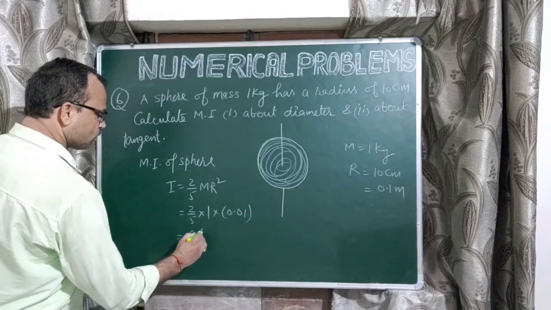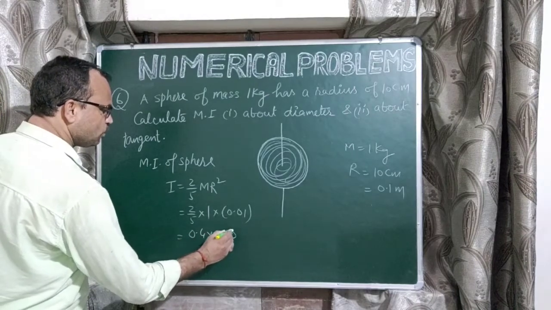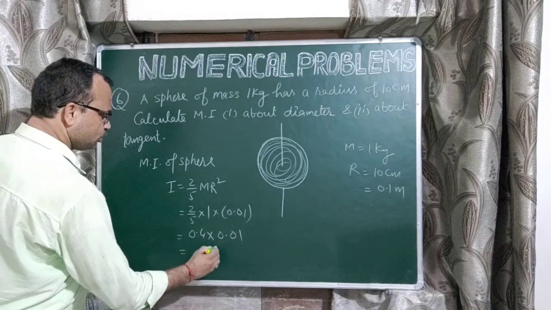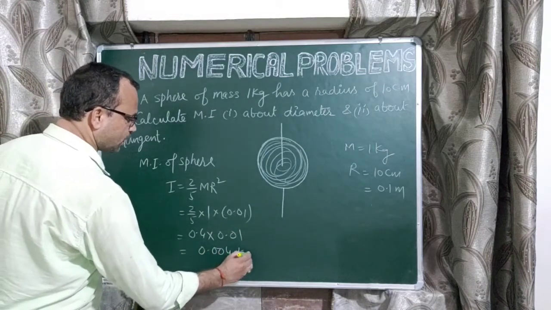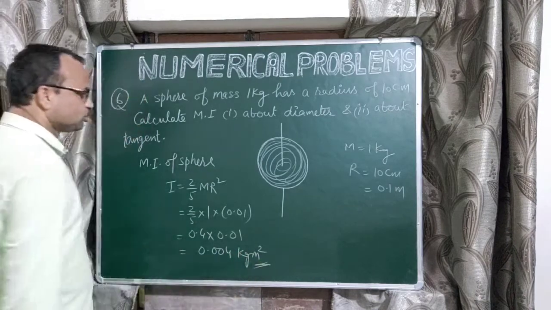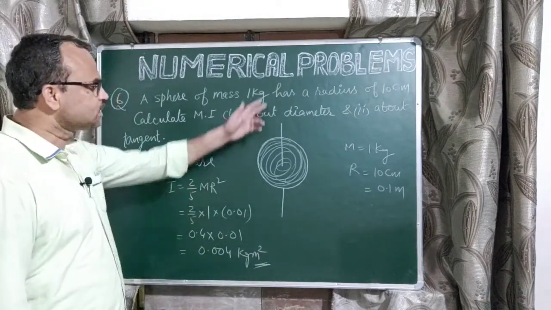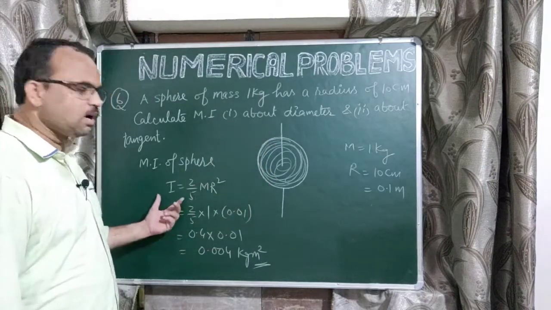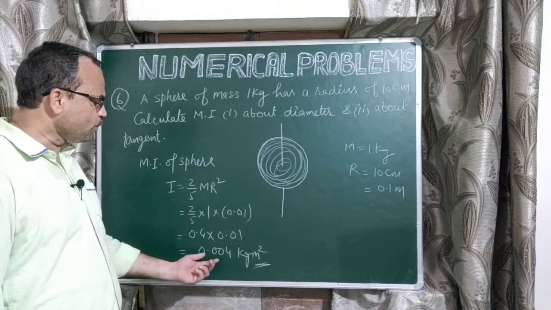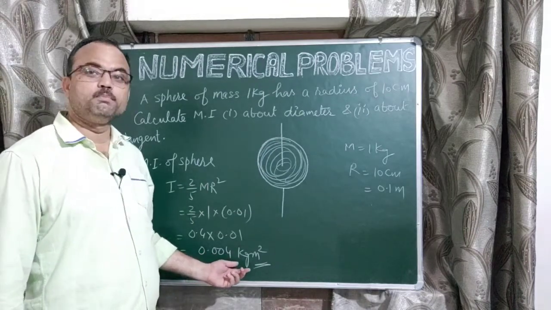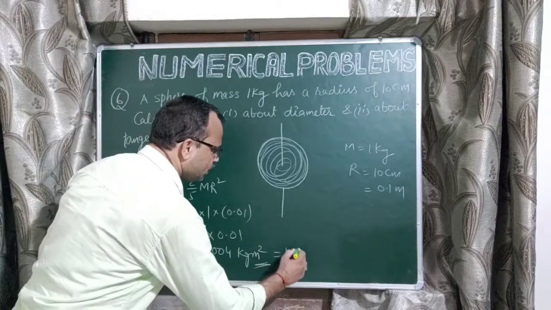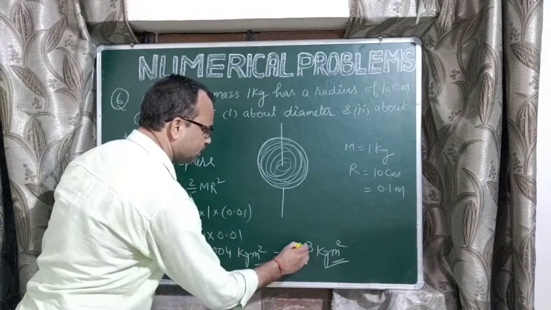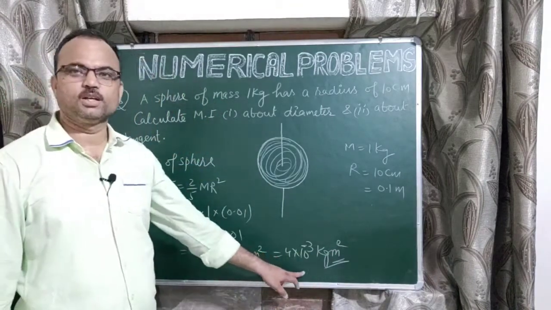So 0.4 into 0.01 is 0.004 kilogram meter square. So the moment of inertia of a sphere when the axis passes through its diameter or its center, the answer will remain the same, that is 0.004 kilogram meter square, or we can write 4 into 10 to the power minus 3 kilogram meter square.